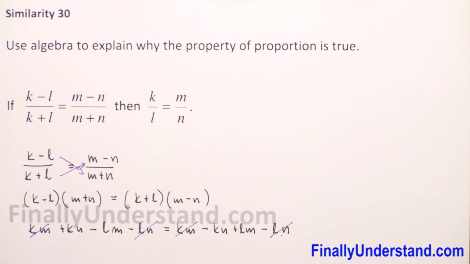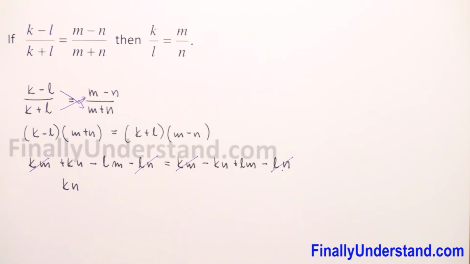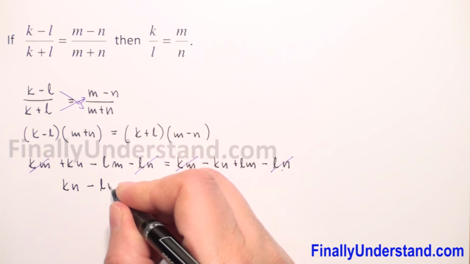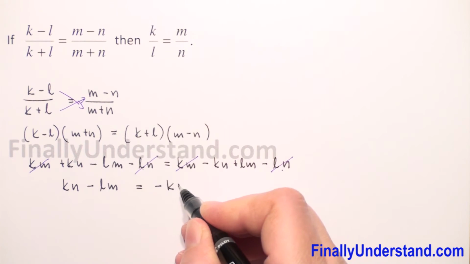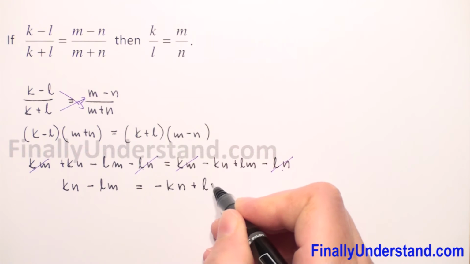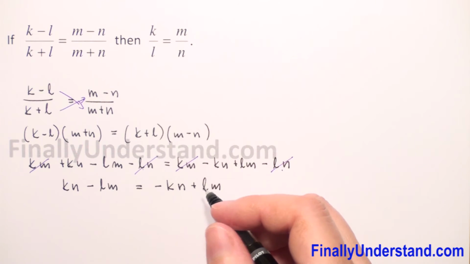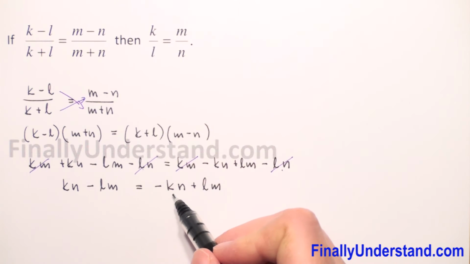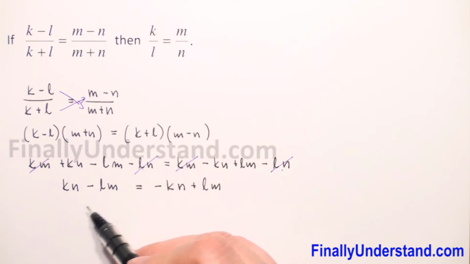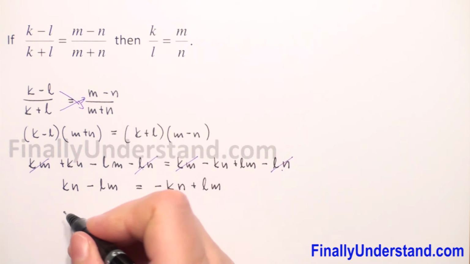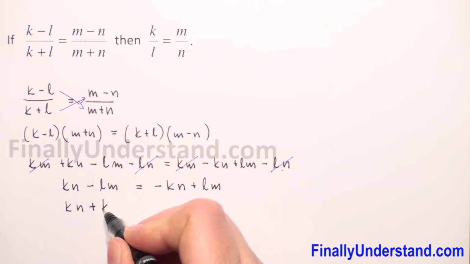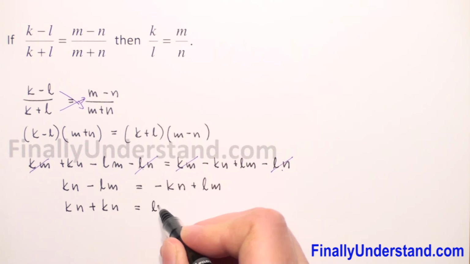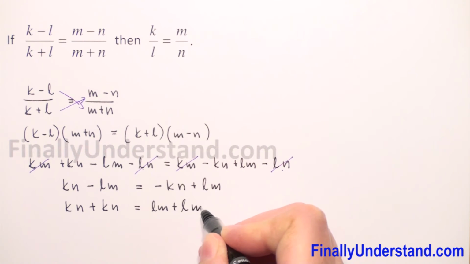So we have kn only on the left minus lm, so this is equal to negative kn plus lm. So I will combine the like terms, so I will move negative kn to the left and negative lm to the right. So kn will be plus kn, so this is equal to lm plus lm.